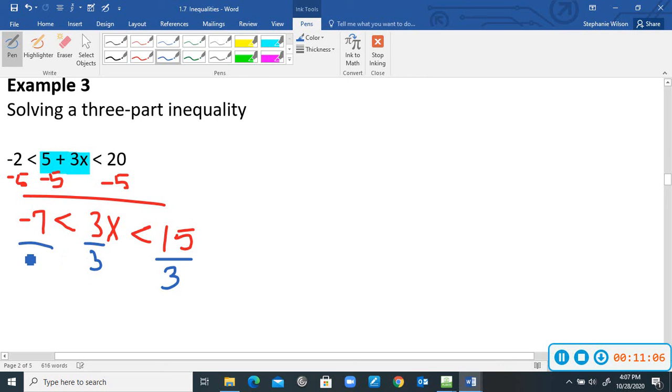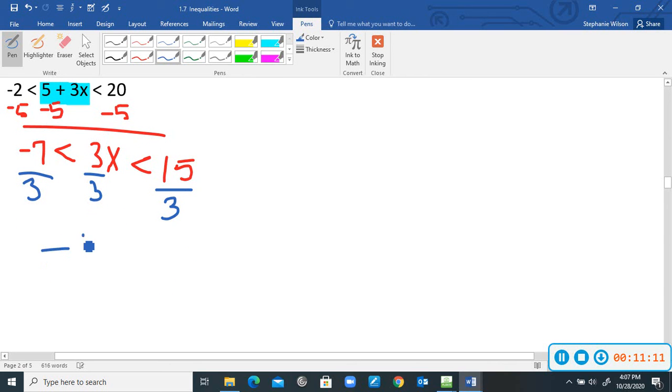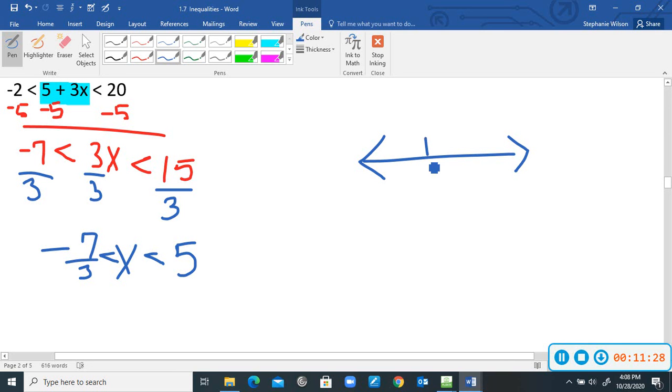So don't forget that. If it is negative, you got to flip them. So now I got -7/3 less than x less than 5, since 3 goes into 15 5 times. And if I was to put it on the number line, -7/3 and then 5, and since they're open intervals, we're going to have an open circle, and it said x fell between those 2 points.